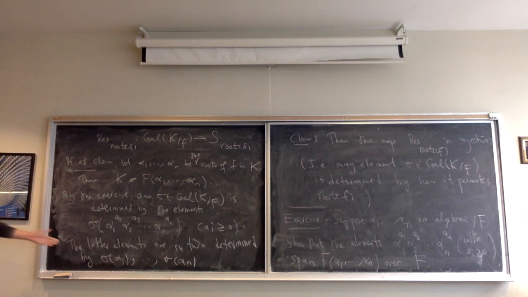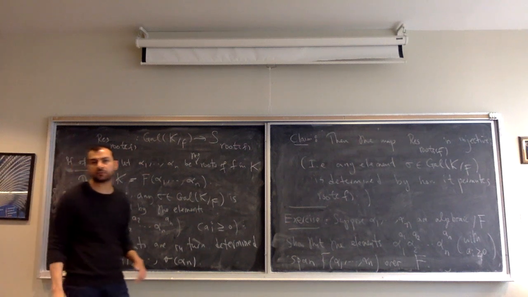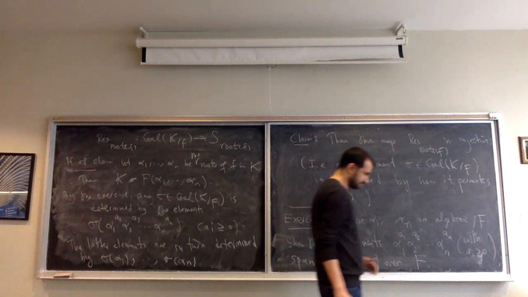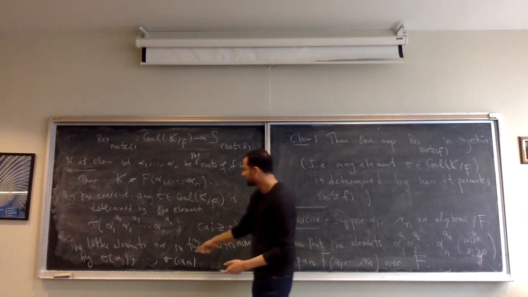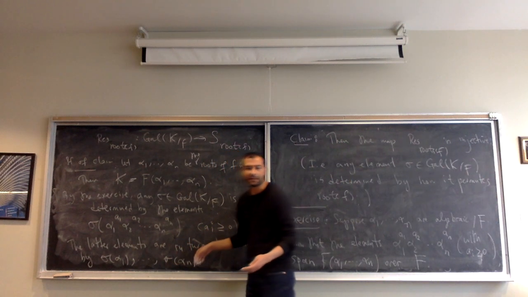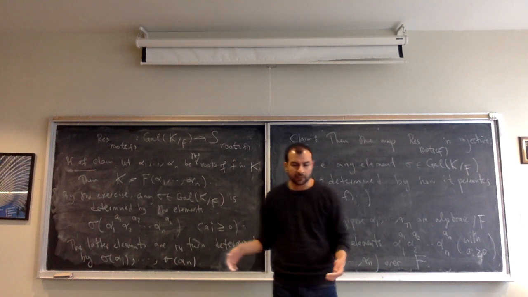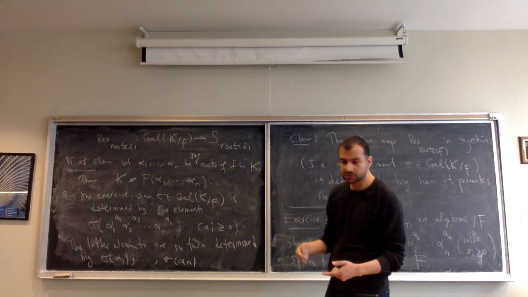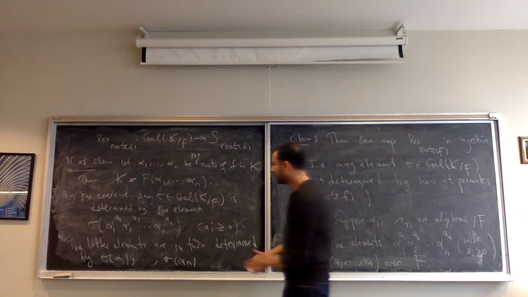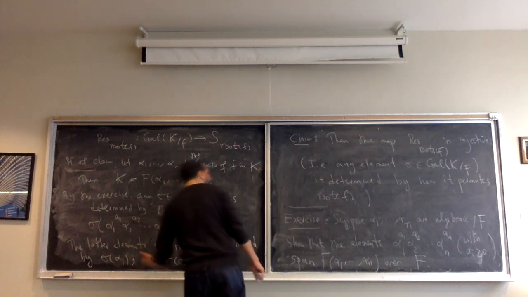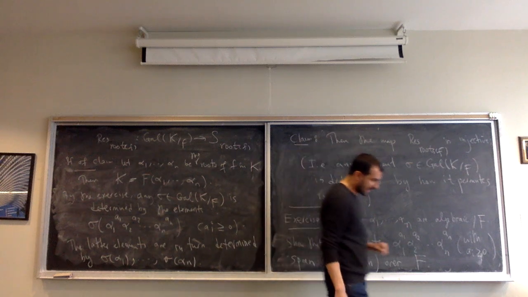So sigma is determined by sigma of alpha 1 to sigma of alpha n. So sigma is determined by what? By where it sends these alphas, which are the roots of f, right? Sigma is actually determined by how it permutes the roots of f. It's determined by where it sends each root of f, as we had claimed.